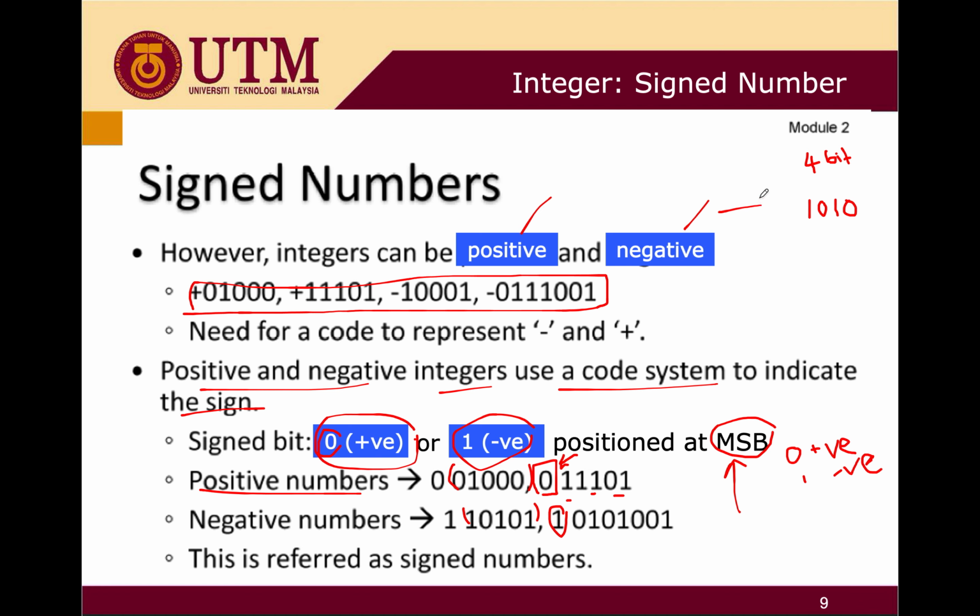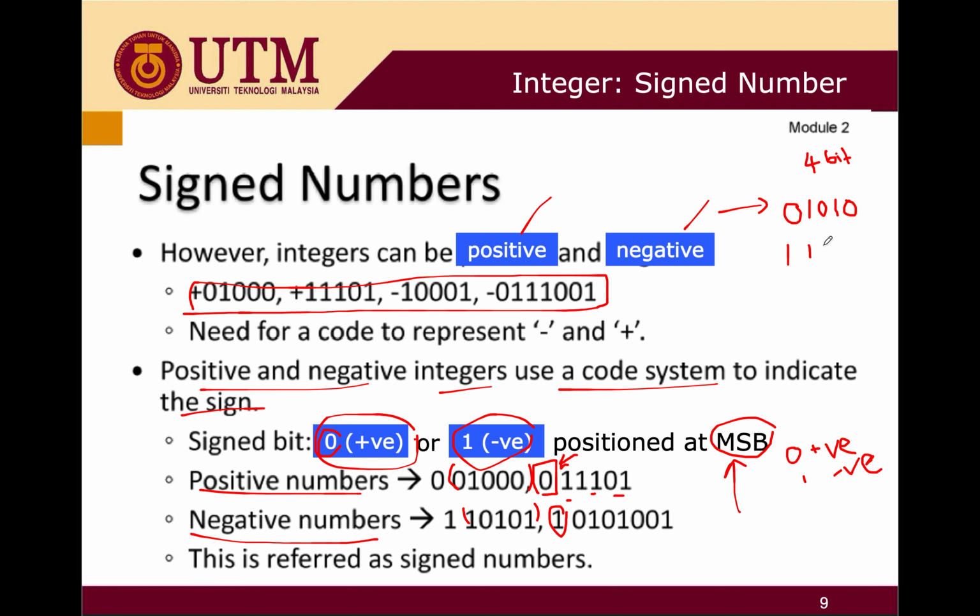This is the number given, and it stated that this one is a positive number. How are you going to represent it? Or maybe it gives you a negative number. So if positive, you just add a 0 over here, and negative, how?